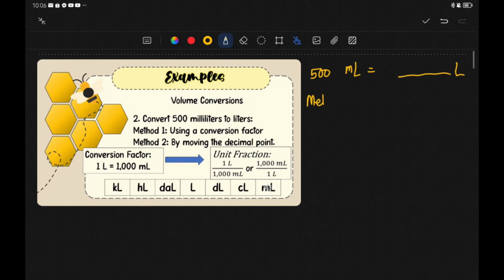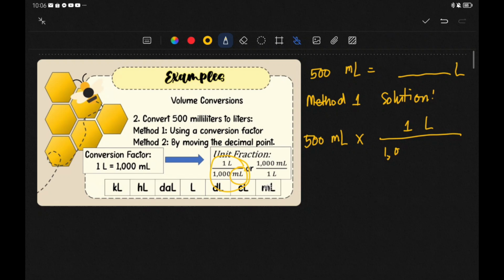So for method 1 solution, we have here 500 ml times, we're going to select this unit fraction because ml is in the denominator. That's 1 liter over 1,000 milliliters. So 500 times 1, that's 500.